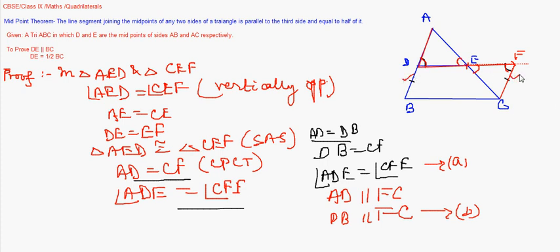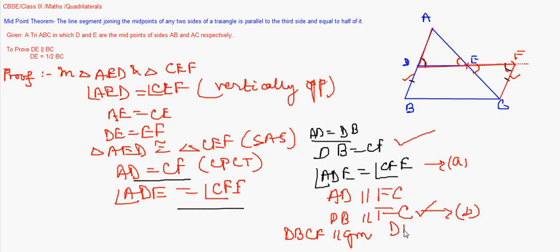We have now proved DB to be parallel to CF, both parallel and equal, thereby making this whole thing a parallelogram, right? This DBCF. Thereby making DBCF a parallelogram.